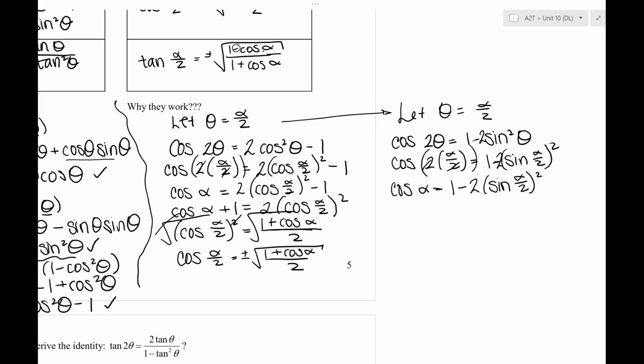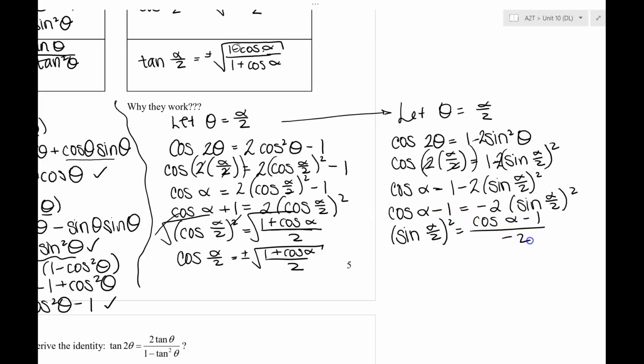And we're trying to solve for this half angle, right? So I'm going to subtract 1, so we get cosine alpha minus 1 is equal to negative 2 times the quantity sine alpha over 2 squared. Yep, I'm going to divide everything by 2, so we have the quantity sine alpha over 2 quantity squared is equal to cosine alpha minus 1 all over negative 2. Well, if the negative comes up to the top, it changes some things.